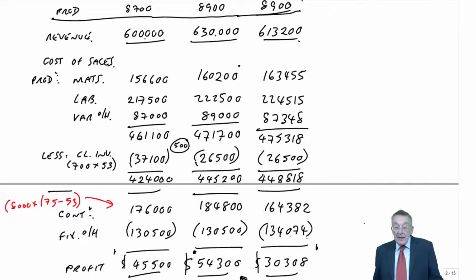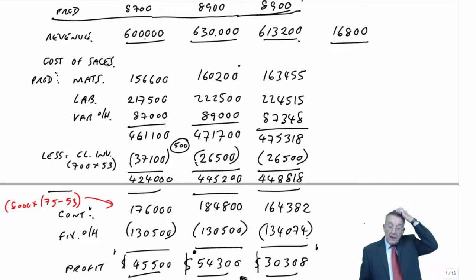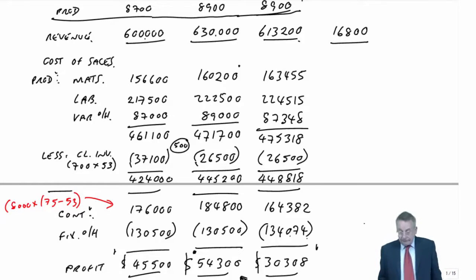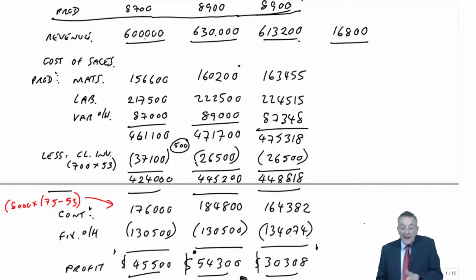Revenue, for instance. For our level of activity, we should have got 630,000. We've only got 613,200. And so that has lost us, what's the difference? 16,800? Yes, 16,800. As you should be aware, rather than put plus or minus, here it's minus 16,800.